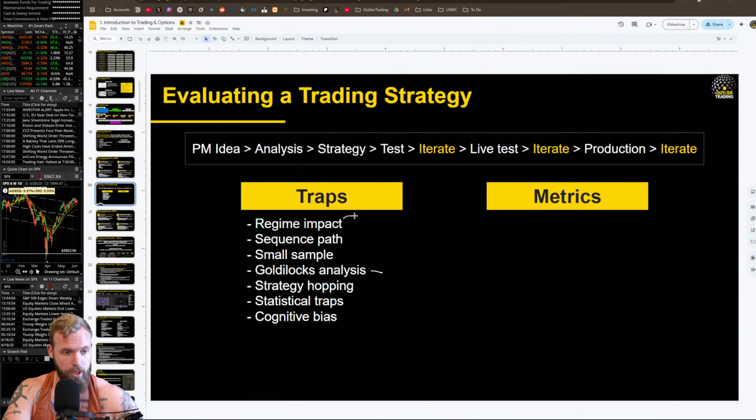Goldilocks analysis applies to all of these. I was working with somebody on a coaching call this week, and we were looking at a zero DTE strategy. In the zero DTE strategy, they were using a backtesting tool. And in that backtesting tool, there were a couple of conditional toggles. I don't even remember what they were. There were 2 conditional toggles, though.